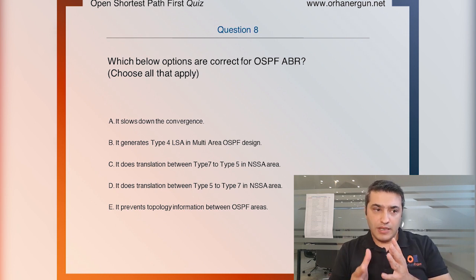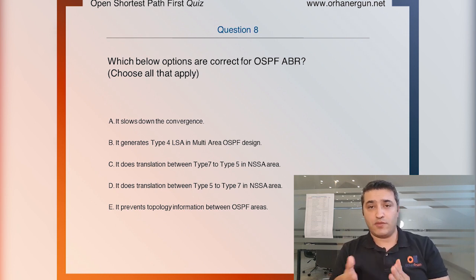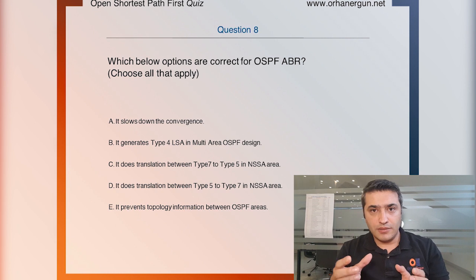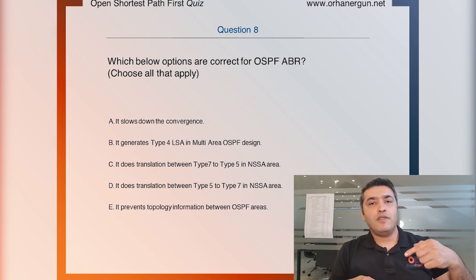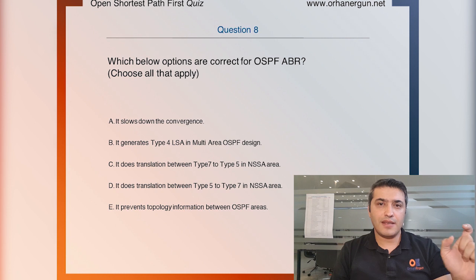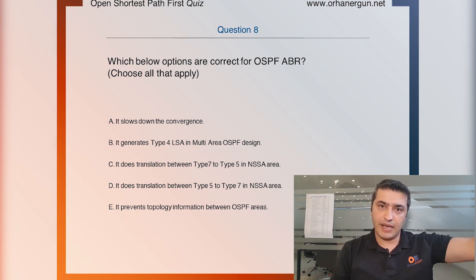So yes, it does translation between type 7 and 5 if we have an NSSA area, of course. If we have an NSSA area, all the redistributed prefixes will be seen as type 7, and this type 7 will be converted by what we call the NSSA ABR into the other areas as type 5. So C is correct as well. So far A, B, C are the correct ones.